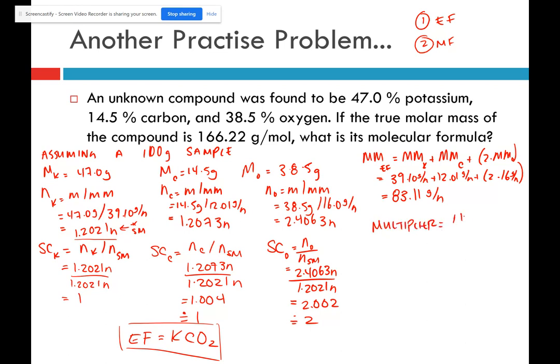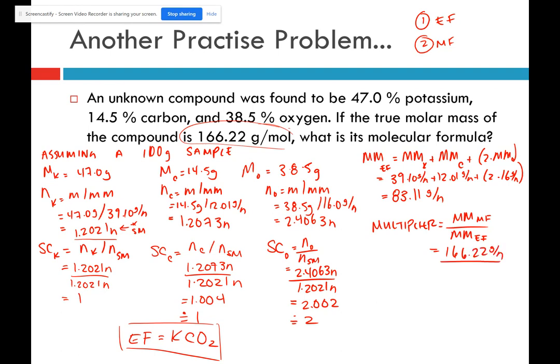That's how much the empirical formula weighs, and from that we can figure out our multiplier, which is the molar mass of our molecular formula divided by the molar mass of our empirical formula. The molar mass of the molecular formula was given to us in the question, 166.22 grams per mole.